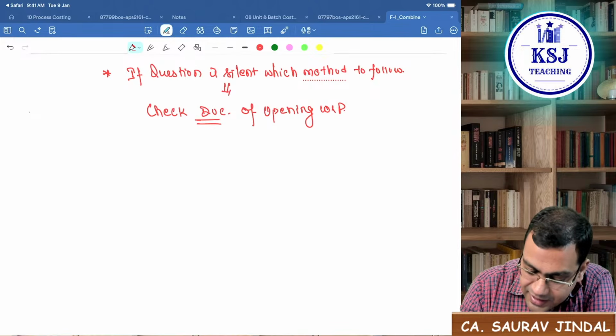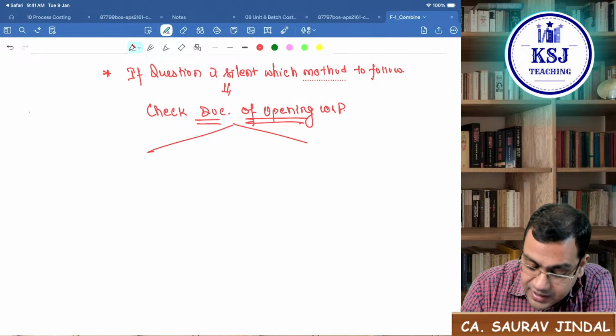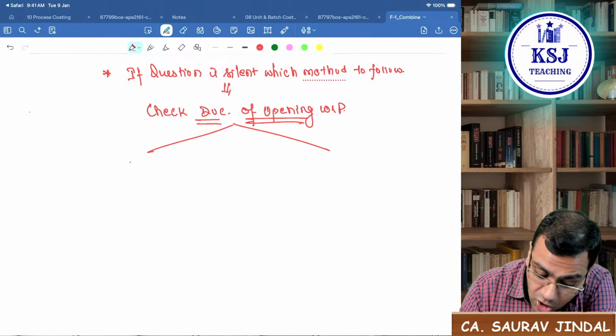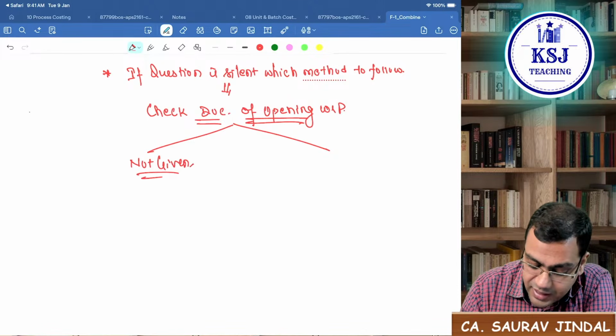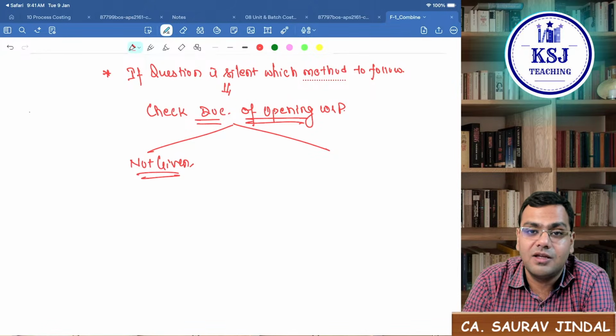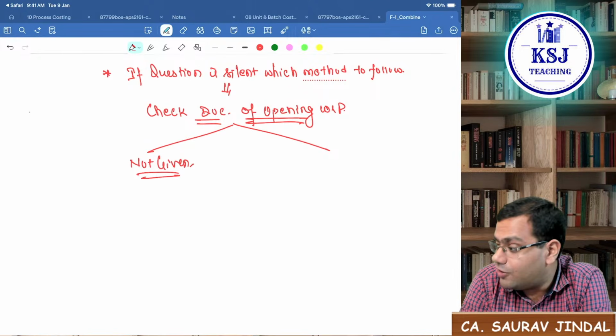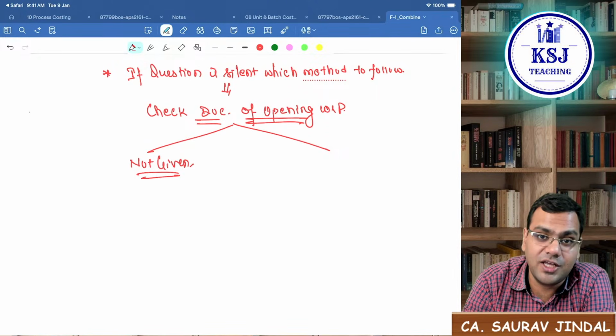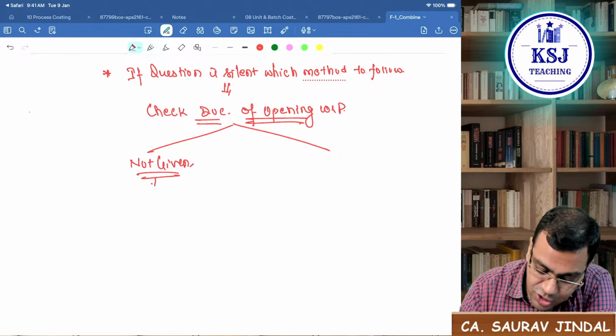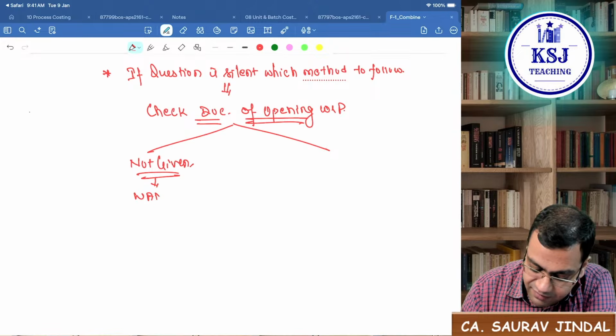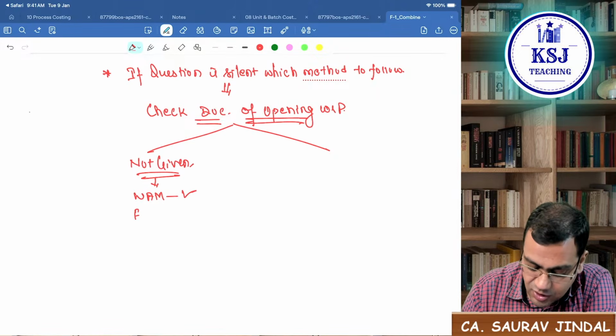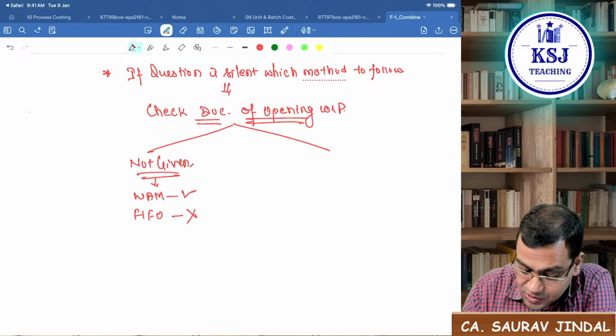If this degree of completion of the opening WIP is not given, then what will happen, sir? If the degree of completion of the opening WIP is not given, in that case you can apply weighted average method. Yes. Can you apply FIFO method? Absolutely no.